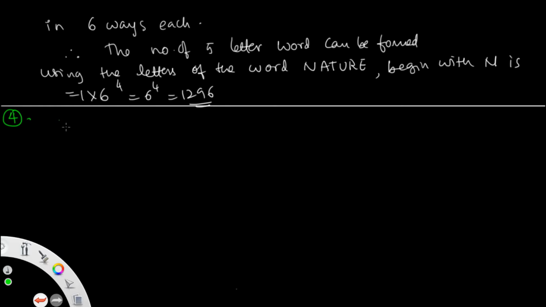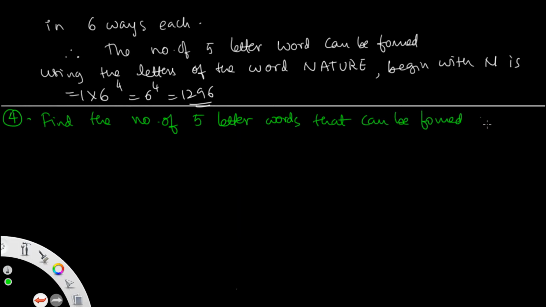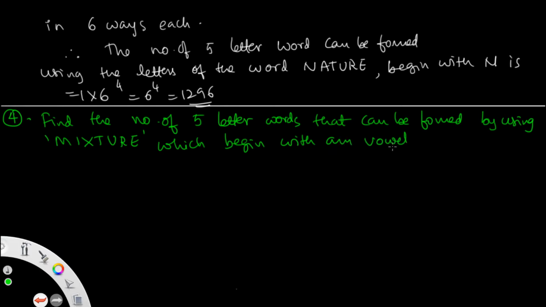Find the number of 5-letter words that can be formed by using the letters of the word mixture, which begin with a vowel, when repetition is allowed.